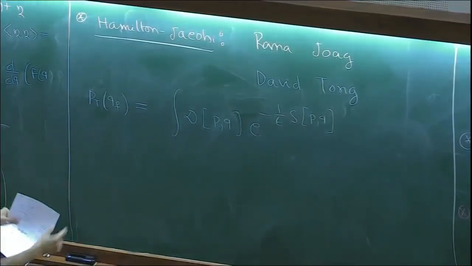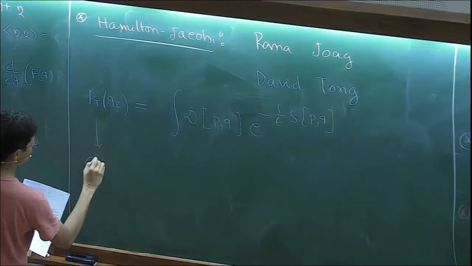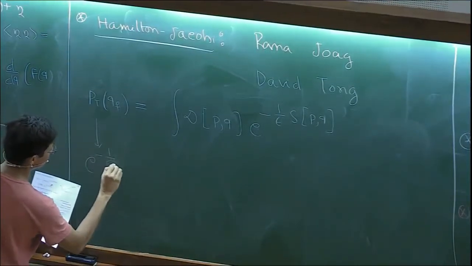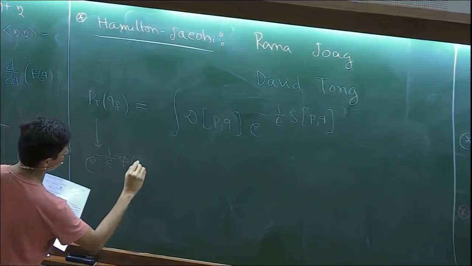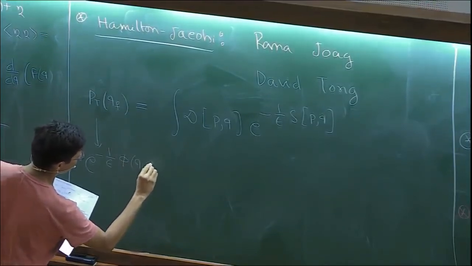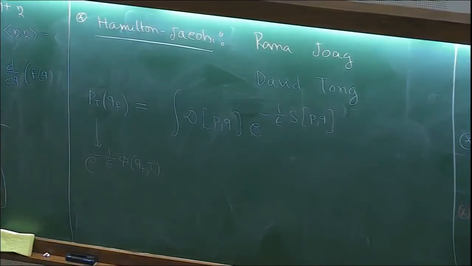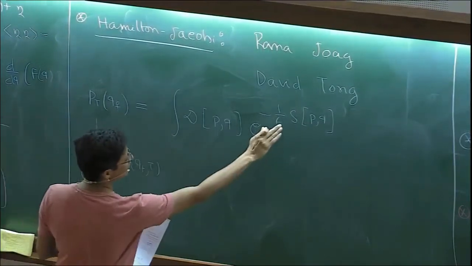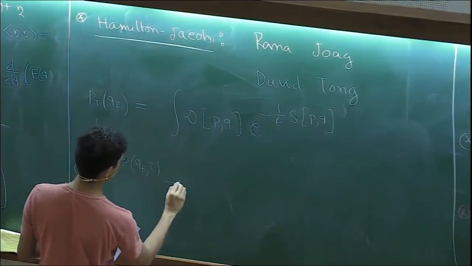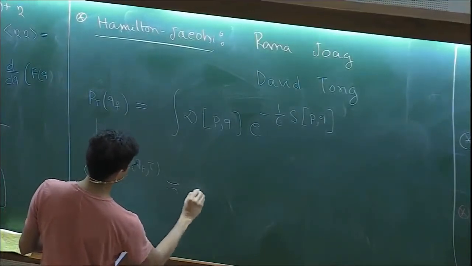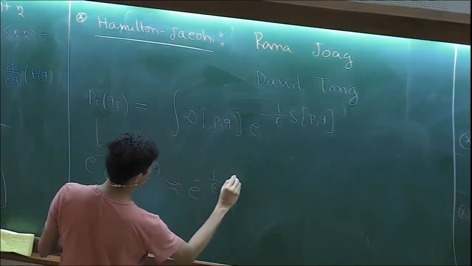And then I said that this has a large deviation function, epsilon phi of qf, and now it will depend on t because I'm looking at the position at time t. And this is nothing but the minimum of the action, S min.